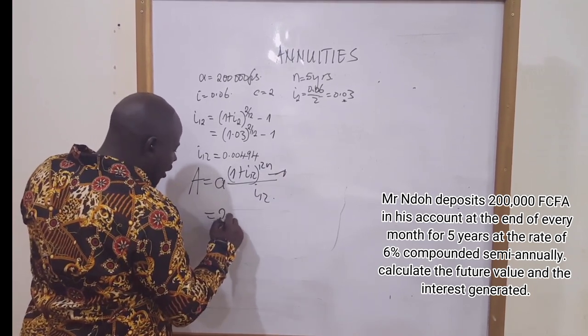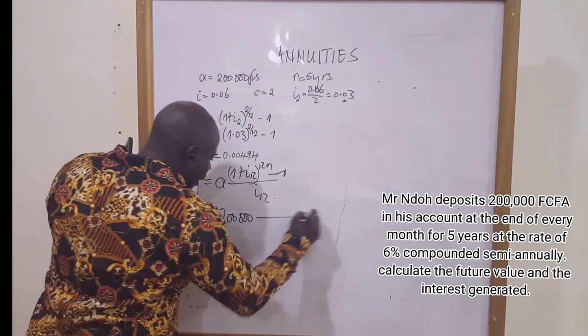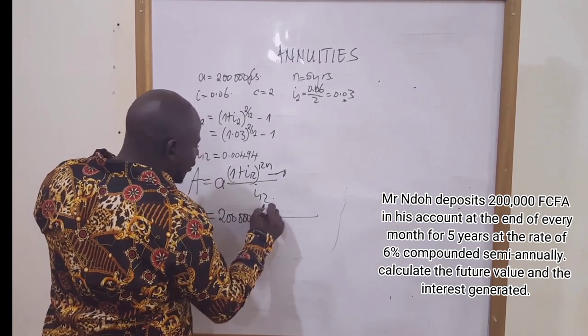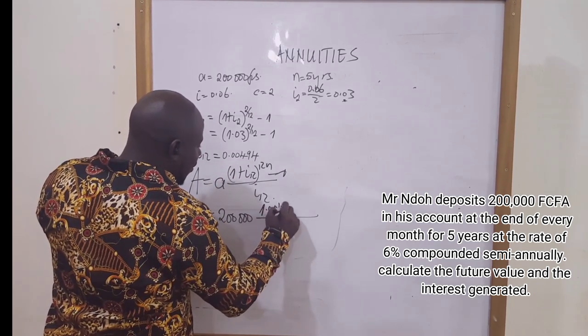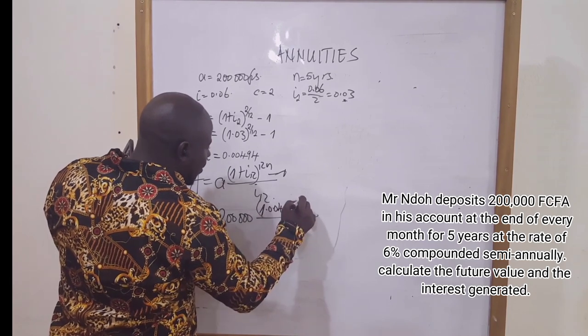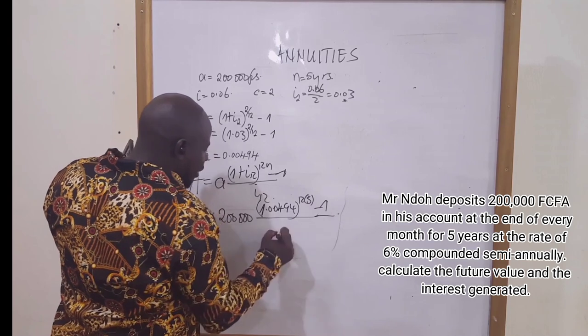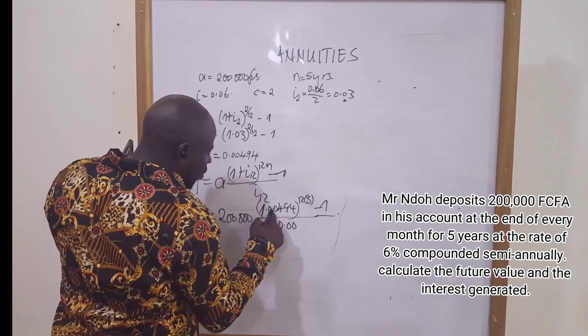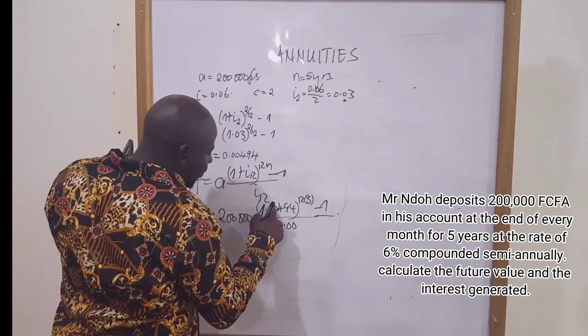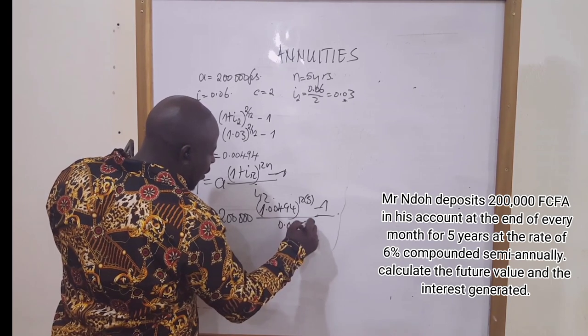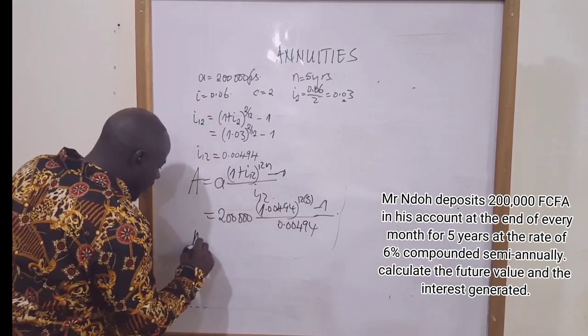So this will be 200,000 into (1.00494 raised to the power 12 times 5 minus 1) divided by 0.00494. What is going to be the acquired value there?